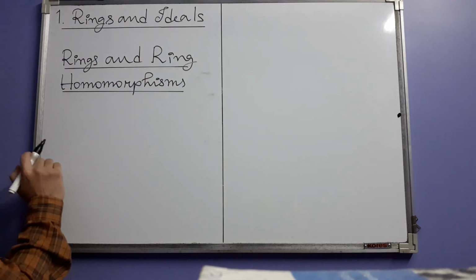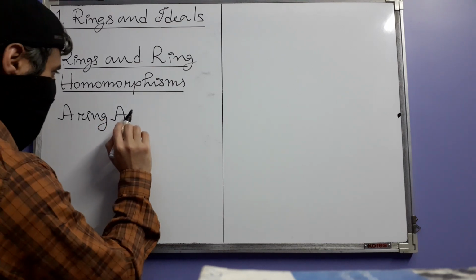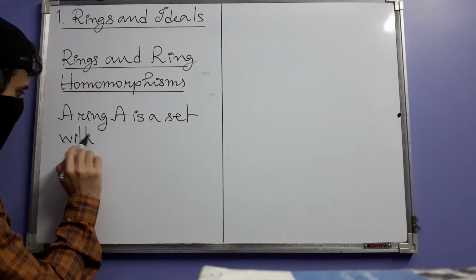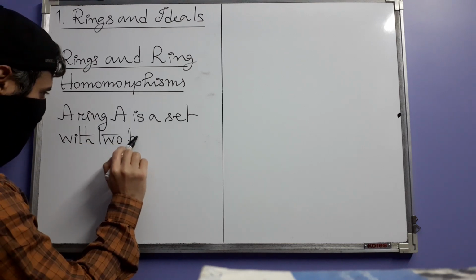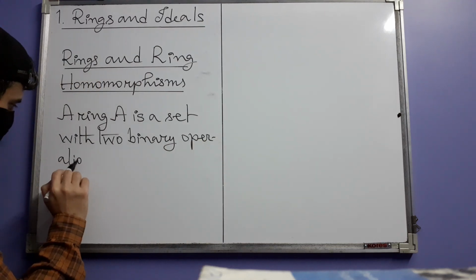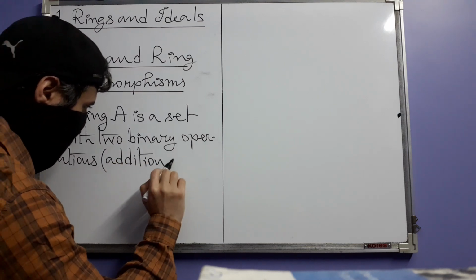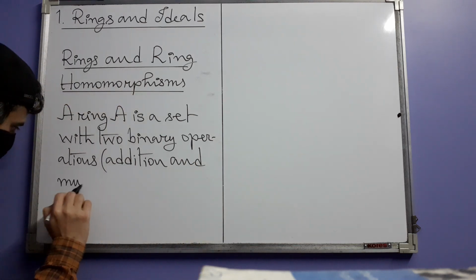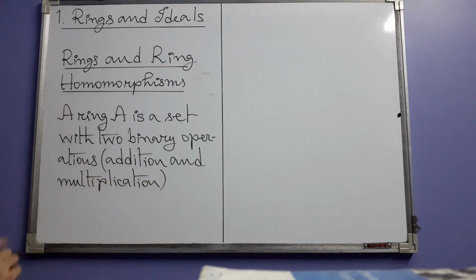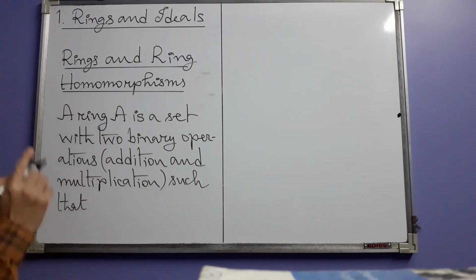So this is how the authors define a ring. A ring A is a set with two binary operations, which of course are called addition and multiplication, such that these are true.